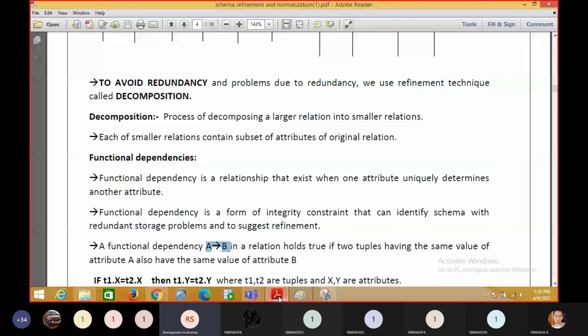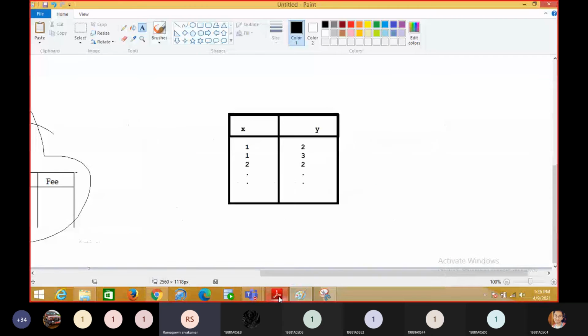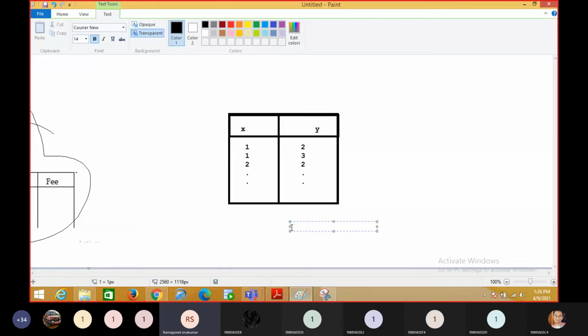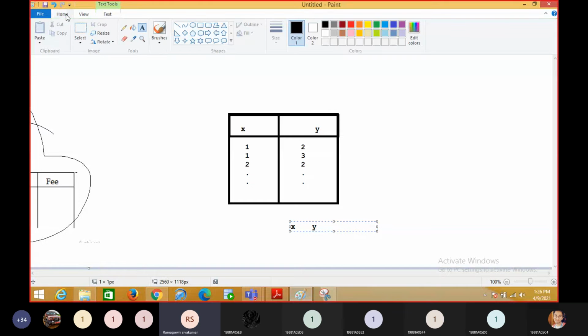A tends to B, then x tends to y. So that means what?